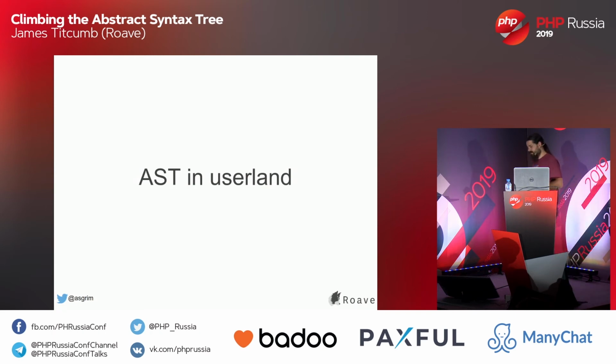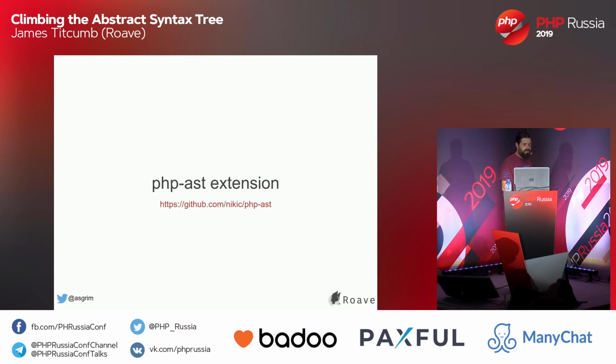But as other talks in this conference, and I won't make any assumptions whether you've seen things about static analysis and so on already, you can do things like static analysis and magic things and get a real insight into what's going on in your code. So there's an extension for PHP 7 up called PHP-AST. It's written by Nikita Popov.